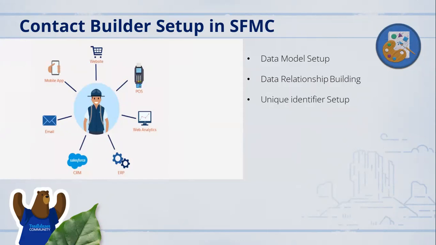So post integration, you build up on Contact Builder, set up your data relationships, design that overall data model, and have a unique identifier identifying each particular customer or lead you are getting in, based on which you can use it for the campaign journeys as you go on. This is the second step, which completes the overall data setup as part of Marketing Cloud.